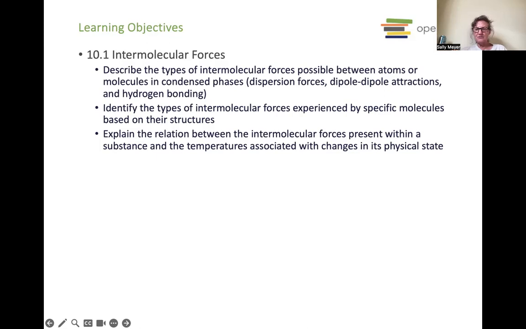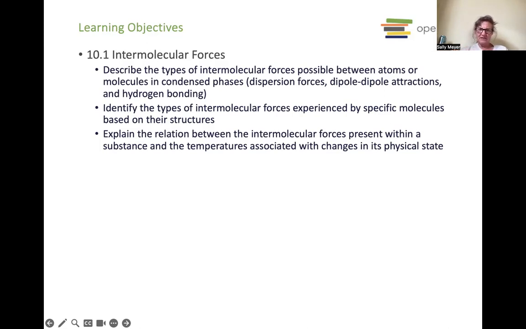So we're going to describe the types of intermolecular forces possible between atoms or molecules in condensed phases. And these are going to be dispersion forces, dipole-dipole attractions, and hydrogen bonding. Then we're going to identify the types of intermolecular forces experienced by specific molecules based on their structures. So that's where we'll trace it back to whether or not a molecule is polar, and basically try to understand how strong the forces are that hold molecules next to each other.